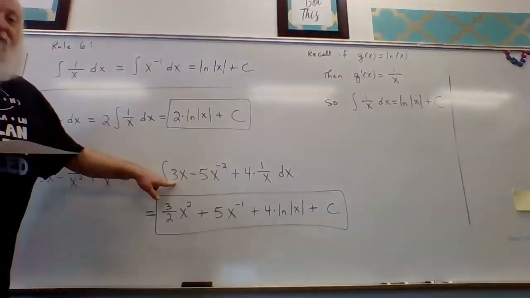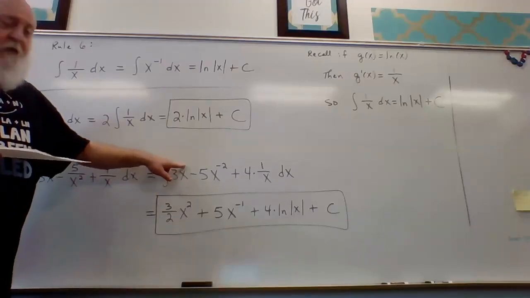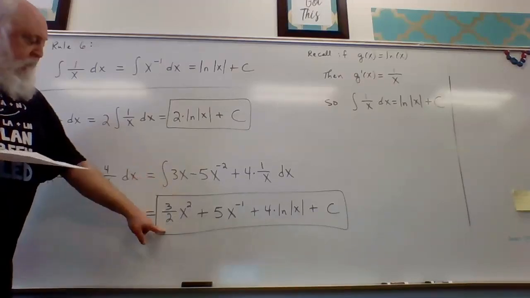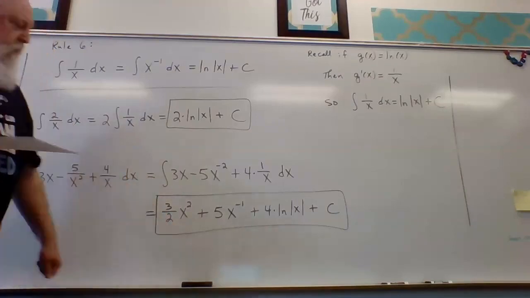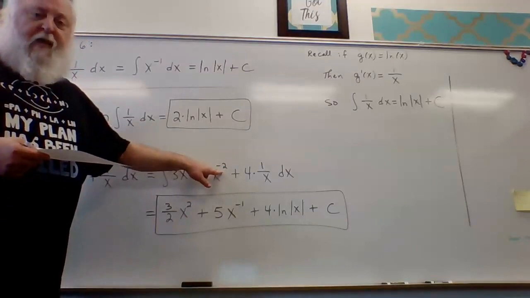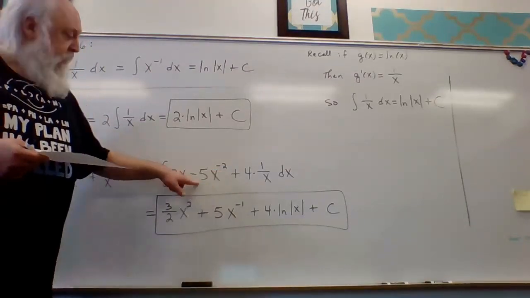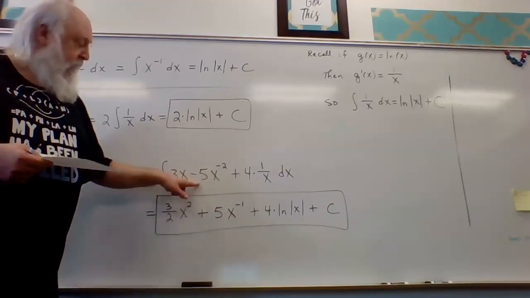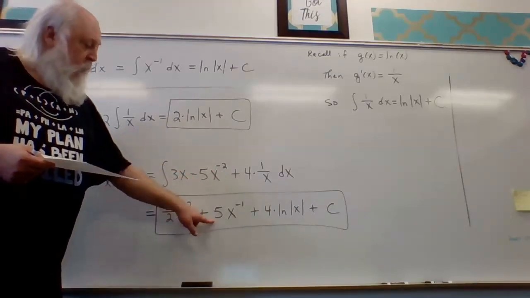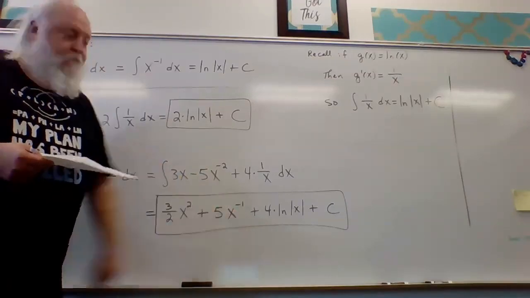Well, the antiderivative of 3x, using power rule, add 1 to the exponent, get 2, divided by 2, is 3 halves x squared. The antiderivative of x to the minus 2, when you add 1, you get negative 1, and then divide by negative 1. Negative over negative is positive, so minus 5 over minus 1 is plus 5, and we have times x to the minus 1 power.